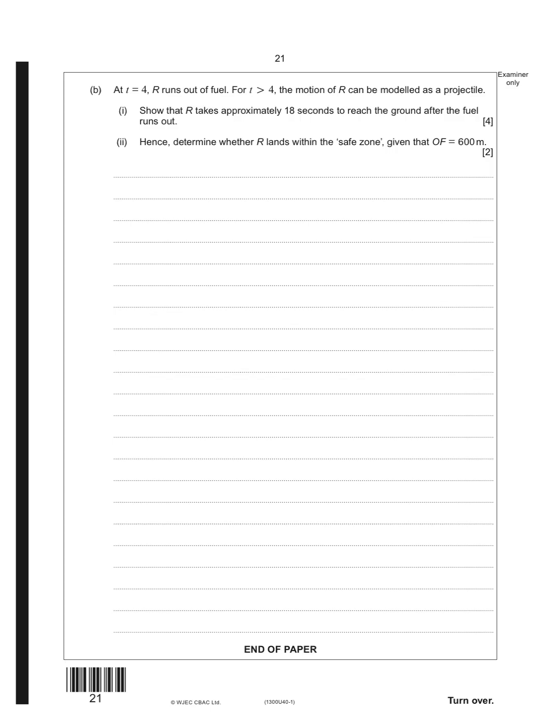At t equals 4, R runs out of fuel, so it's a rocket that's not got any more propulsion, so it's going to fall freely under gravity and behave like a projectile. Show that R takes approximately 18 seconds to reach the ground after the fuel runs out. This feels like we're going to do some SUVAT.